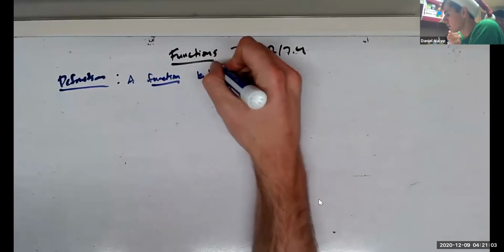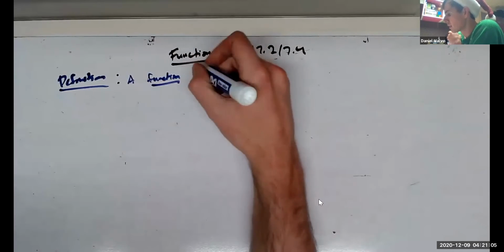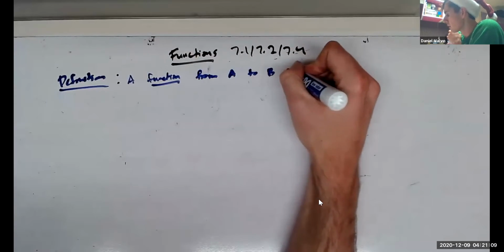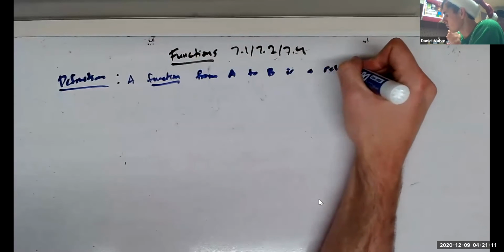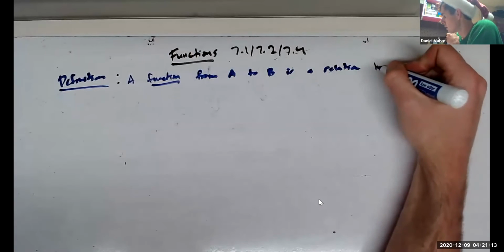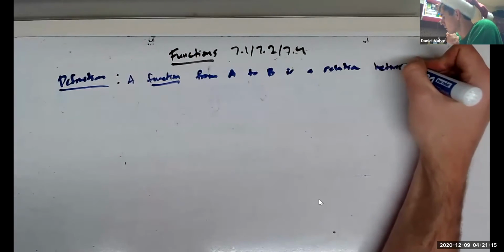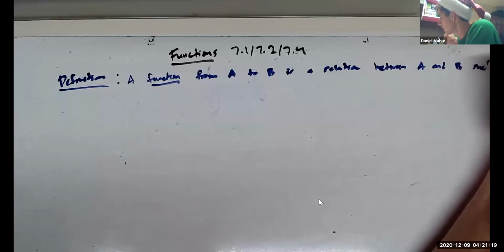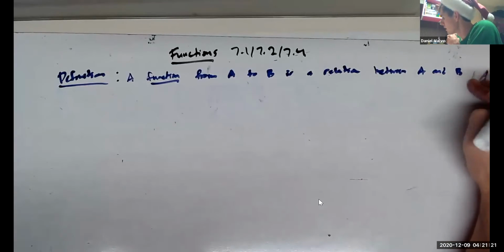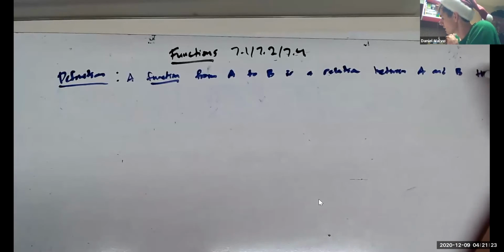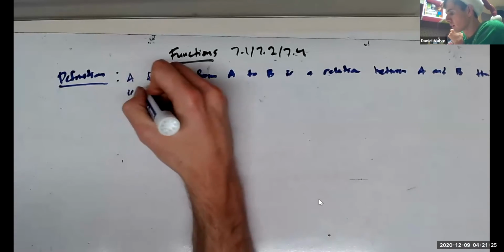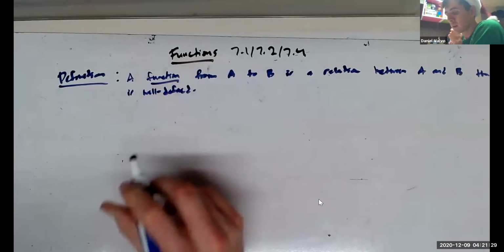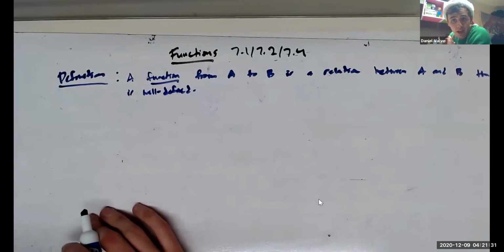A function from A to B is a relation between A and B that is well defined. So it's a relation between A and B that is well defined.